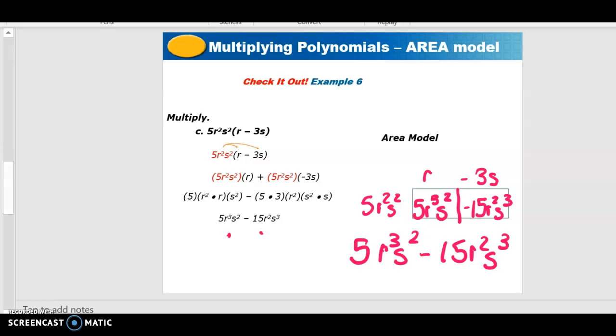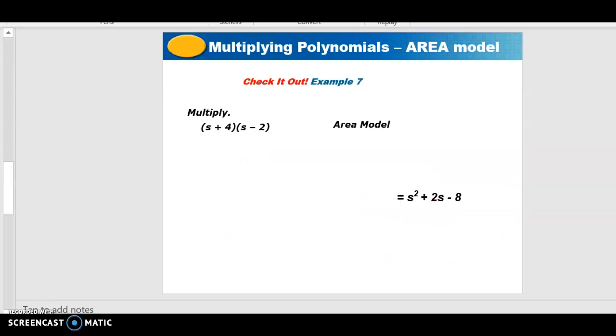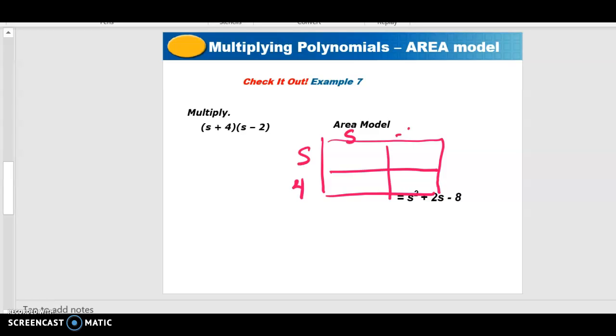So now what happens if we have something other than a monomial? We have a binomial times a binomial. Hopefully what you'll remember is that you create a box, and it has to match the number of terms. So this is an s and a 4, and this is an s and a minus 2.